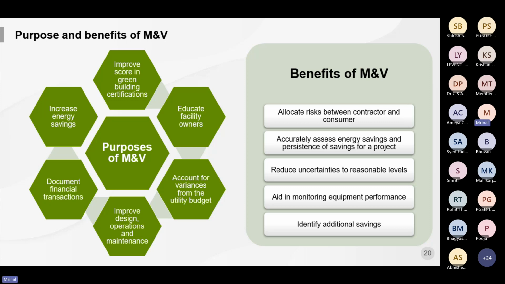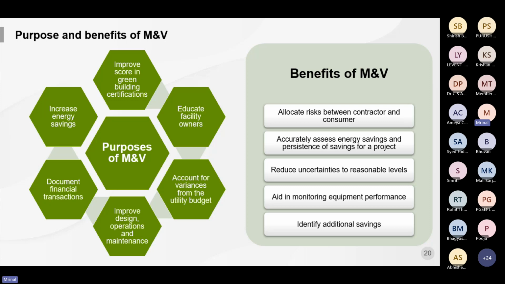Then also the purpose is to document the financial transactions, because for some projects, the energy efficiency saving forms the basis of performance-based financial payments, guaranteed under performance contracting. So a well-defined and implemented M&V plan can serve as a basis for documenting performance in a transparent manner.